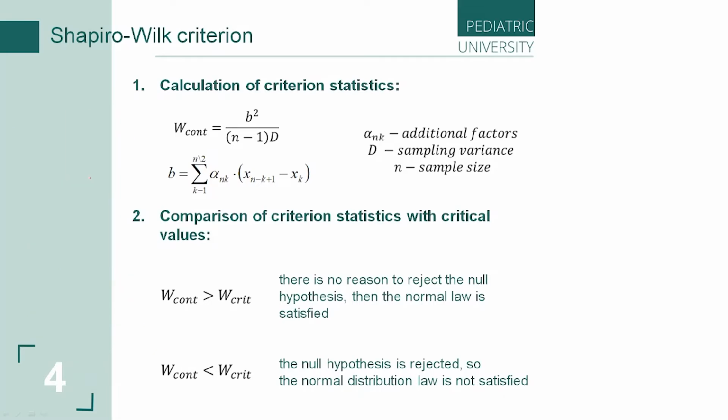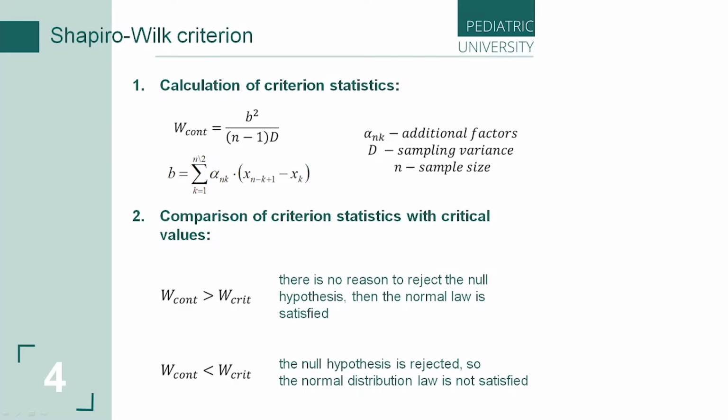What is the next? Then we multiply our sum of these elements by our alpha coefficient and get our number b. We must multiply this difference by alpha and take the sum of this column in the table. And what happened?